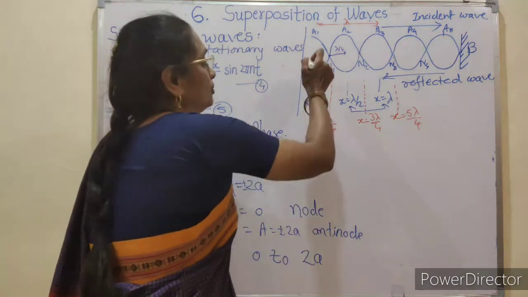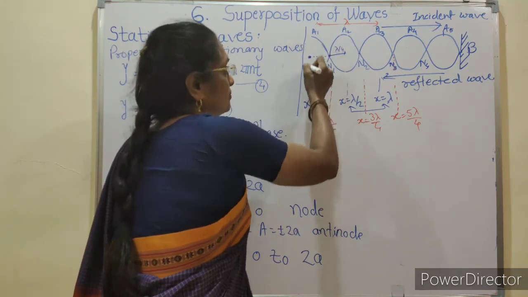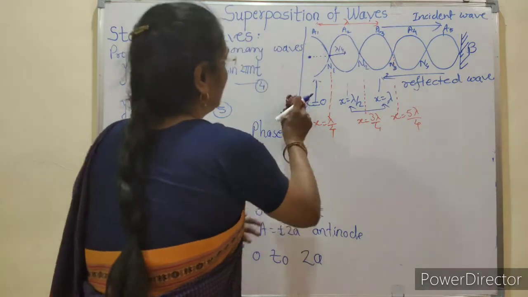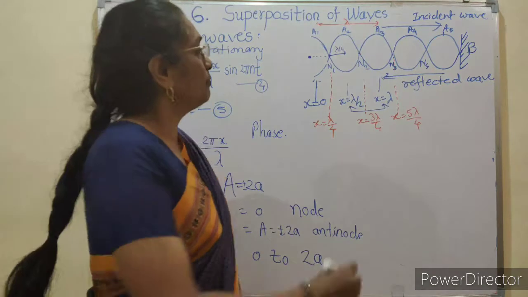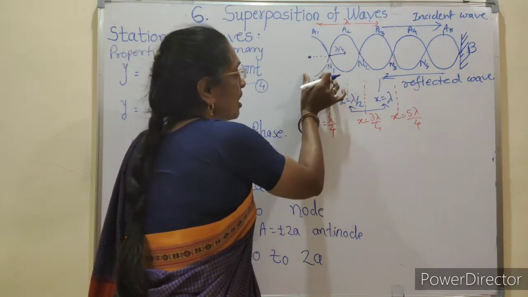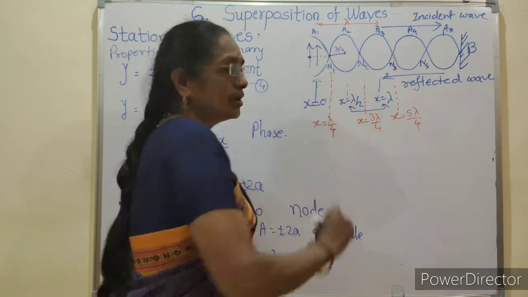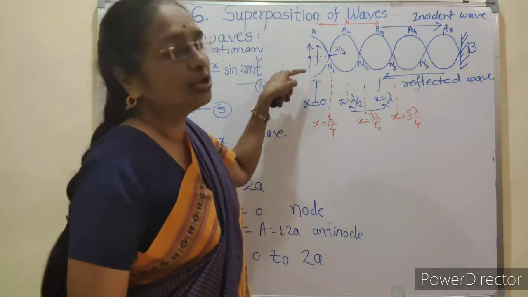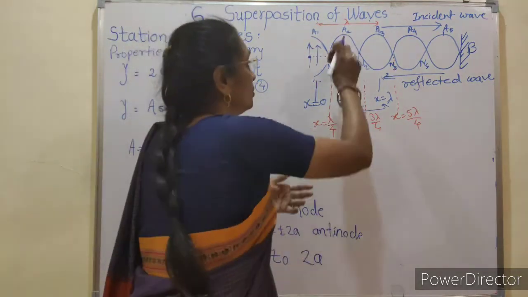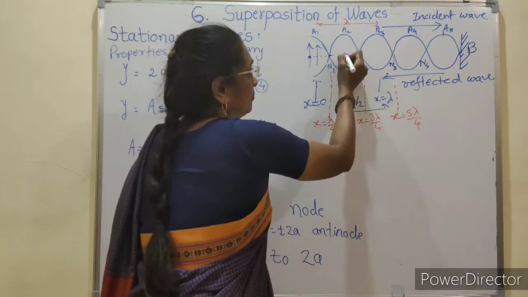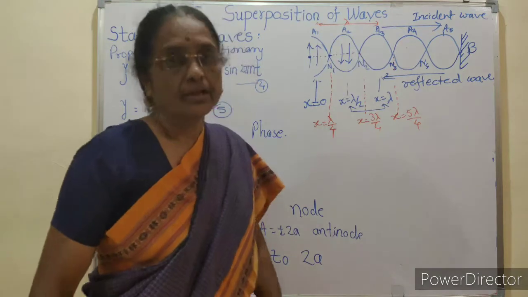If we show the mean position for this free end by this point, and particles in this half loop are going upward, crossing the mean position upward, then in the second adjacent loop the particles go downward.